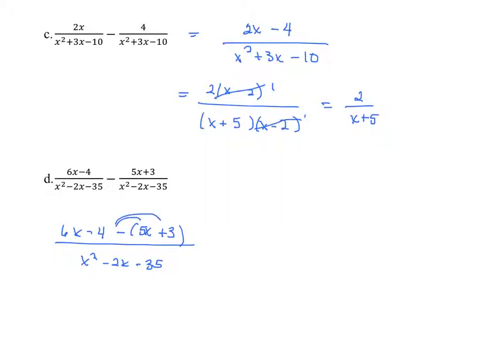So change the sign through that whole second polynomial there. So here we go, 6x minus 4 minus 5x minus 3, because I'm changing my signs. So we're going to combine like terms, so we get x minus 7 on the top.